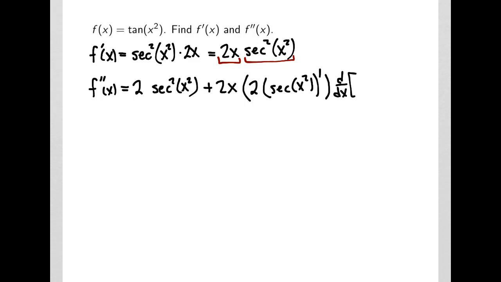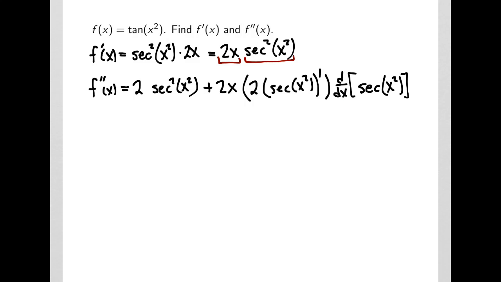I'm just going to write this so I keep track of things. The derivative of the secant of x squared. Okay, so I had 2 times the secant of x squared to the first power, derivative of secant of x squared.